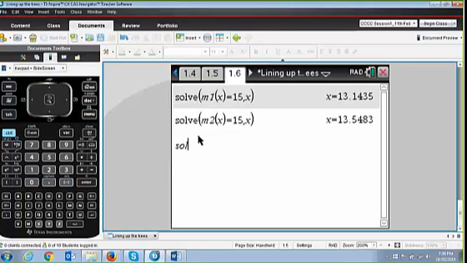And on it goes. We'll finally go to the one where we use the residual squares, which is solve variable M3 of X equals 15. And remember, you're always doing this comma X because you're telling Nspire to solve it for X. And we get 13.3056. But what's the best one?